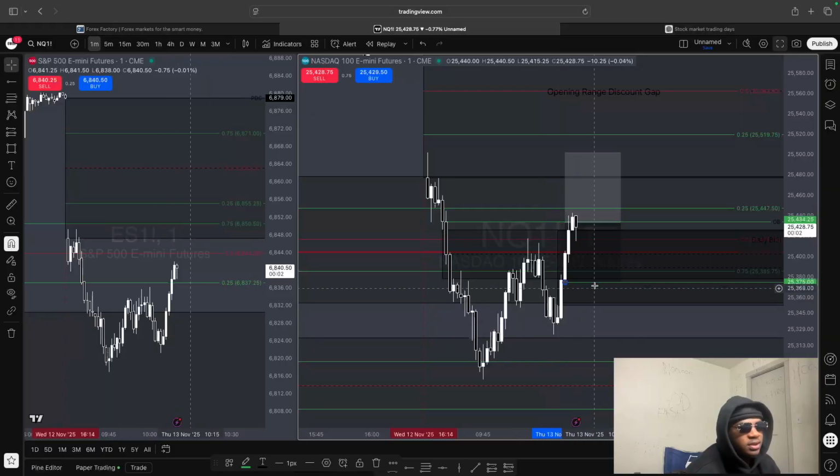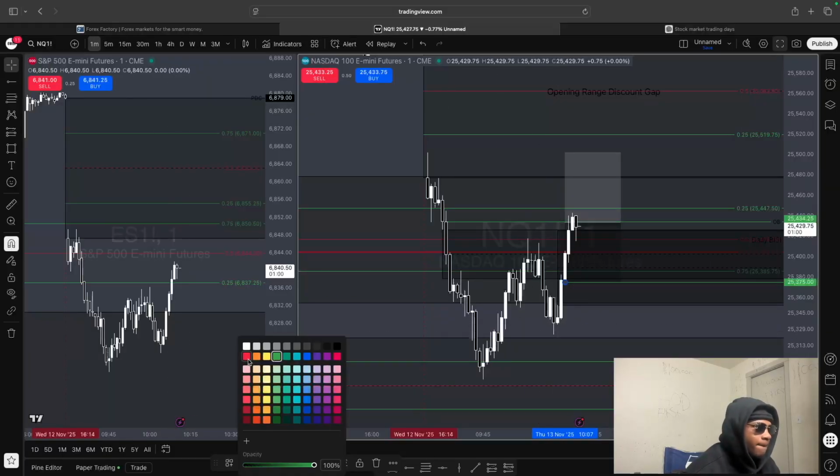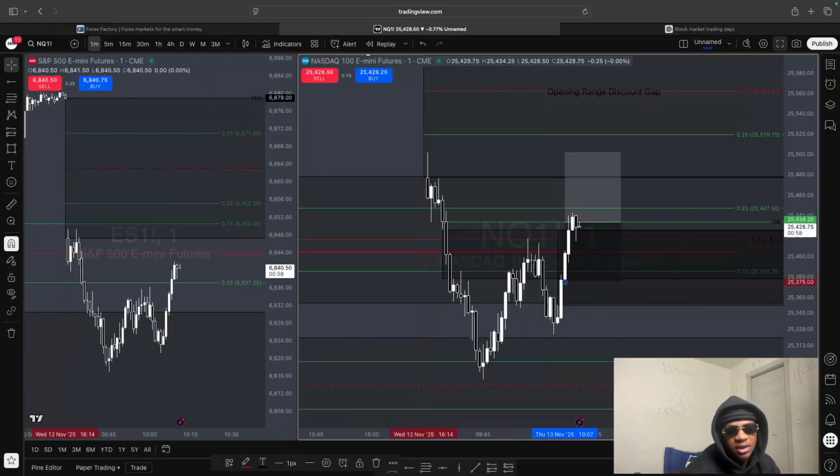Yeah, got 25. Be a good stop loss at 375. Boom. I would put it lower, but that's OD. I'm not taking that huge of a risk, especially in the conditions the market's in right now. After all that dropping, that huge sloppiness, I ain't taking a chance with it.